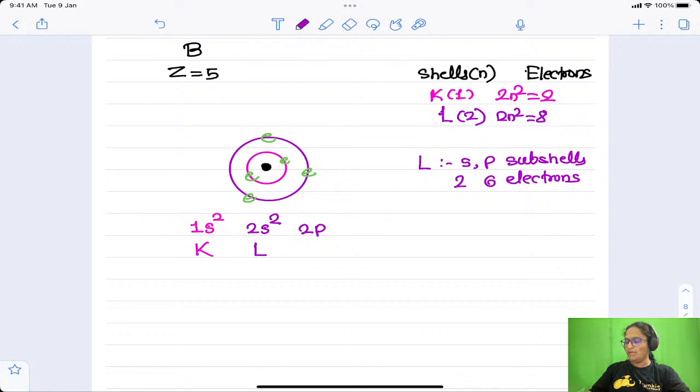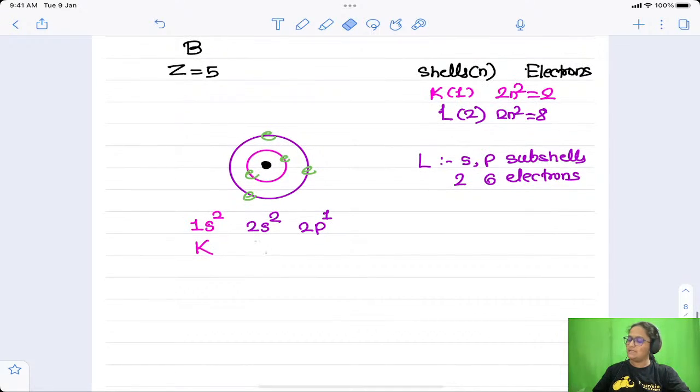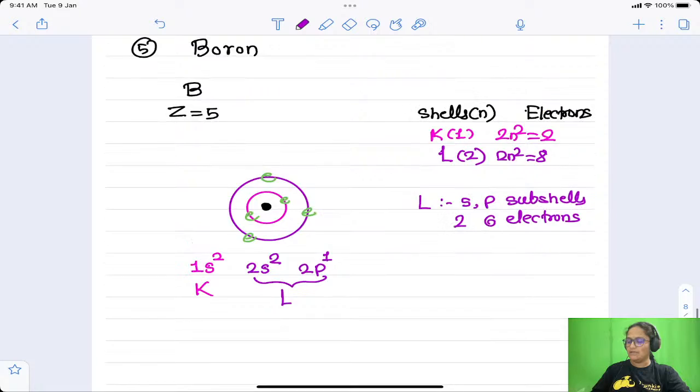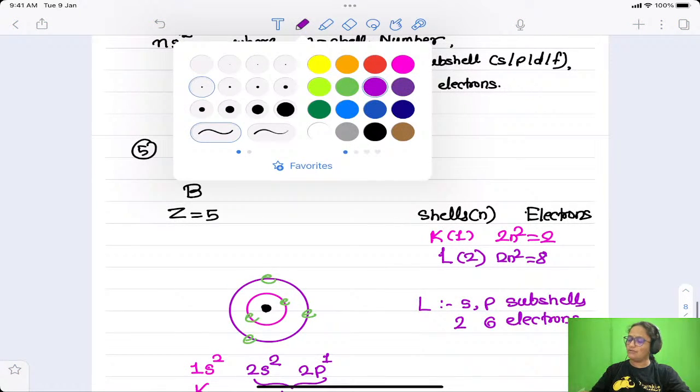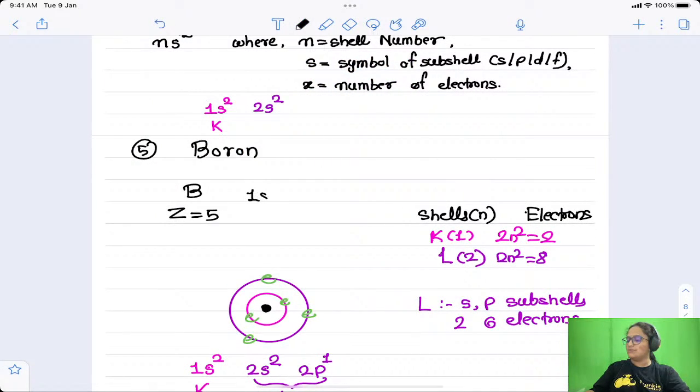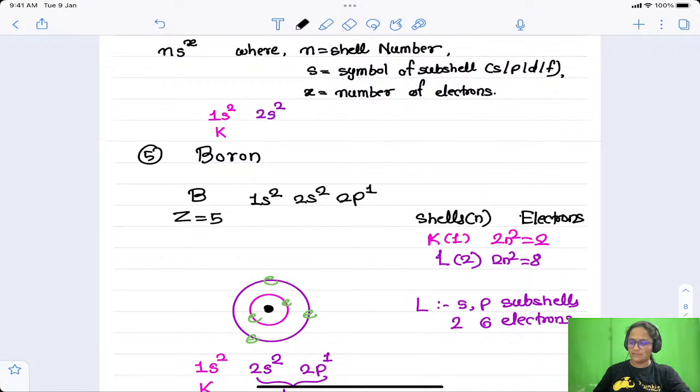There is only 1 electron here, so it is 2p¹. Therefore for the L shell we have written the configuration 2s² and 2p¹. So what is the final electron configuration of boron? 1s², 2s² and 2p¹. This is the electronic configuration of the boron atom, right?